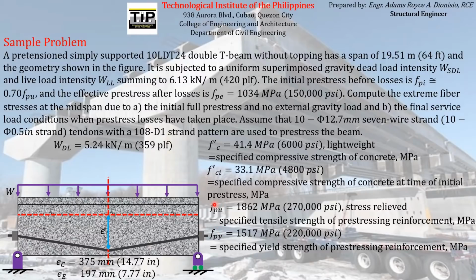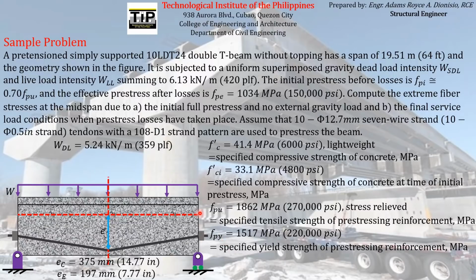So you can see that if you compare FPY and FPU, obviously FPY has lesser magnitude, because if you can remember what the stress strain diagram of a pre-stressing reinforcement looks like, FPY occurs long before the pre-stressing reinforcement attained its ultimate tensile strength. So obviously the FPY will have a lower value than the ultimate.